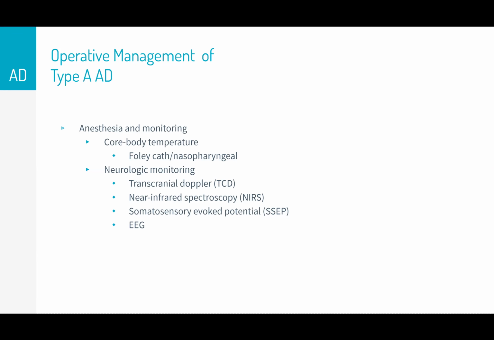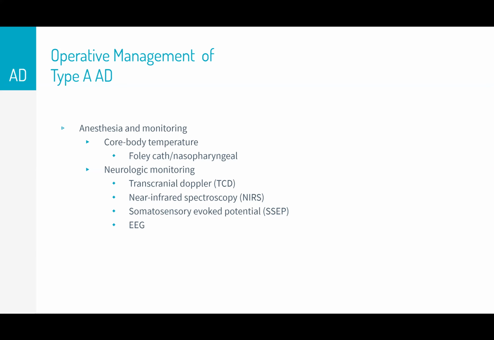There are multiple devices that can be used for neurological monitoring. You have the transcranial Doppler, which can be used to identify a malpositioned cannula, for the antegrade or retrograde cerebral perfusion, or to document the need for adjustment of the retrograde perfusion.